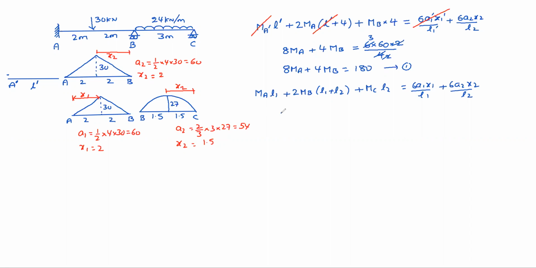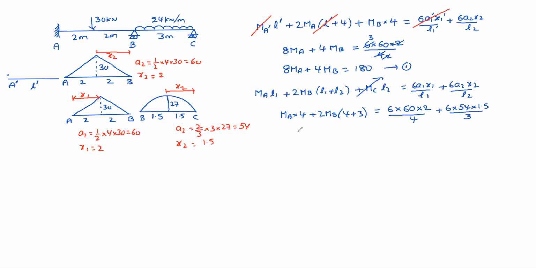So substituting here, MA L1 4 plus 2 MB (4 plus 3). Here MC anyway is 0, equal to 6 A1 60 into x1 2 by L1 4 plus 6 A2 54 x2 1.5 by L2 3.